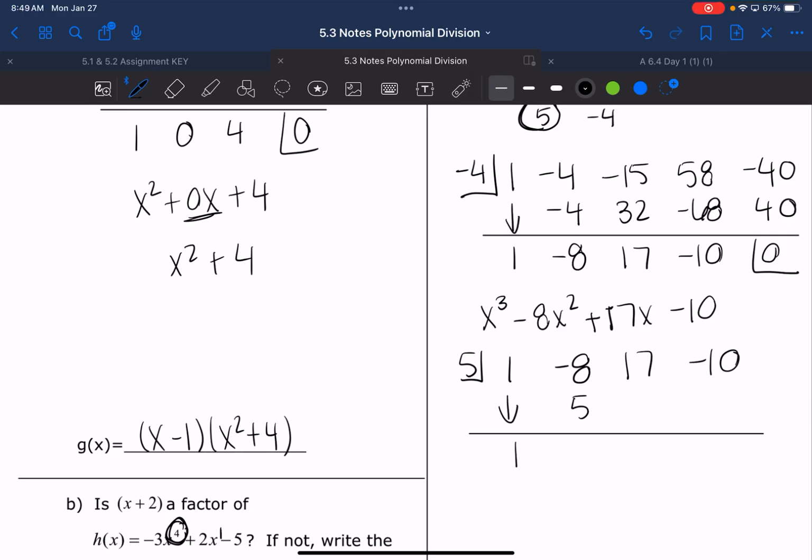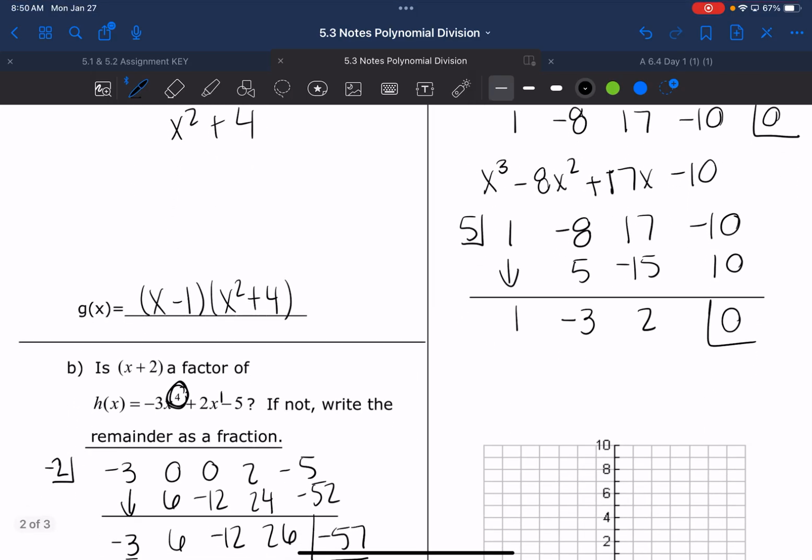And negative 8 plus 5 would be negative 3, and negative 3 times 5. And 17 plus negative 15. And 2 times 5. Right, which does, in fact, give us that remainder of 0.